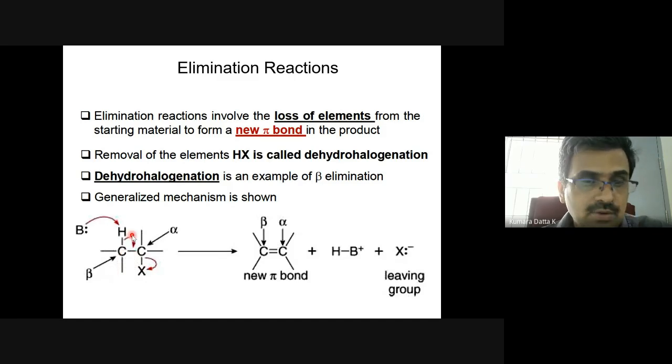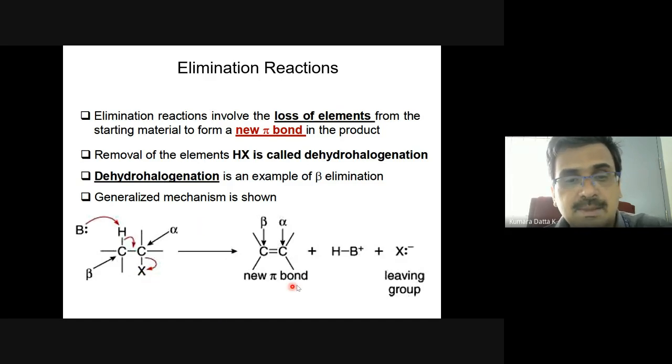Now we should remove hydrogen and halogen. Dehydrohalogenation, meaning hydrogen and halogen removal, is termed beta elimination. The beta side hydrogen goes and the alpha side halogen goes.